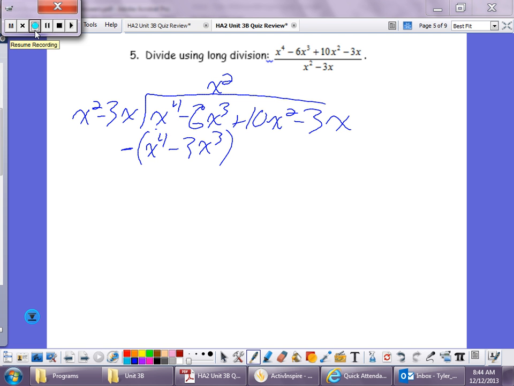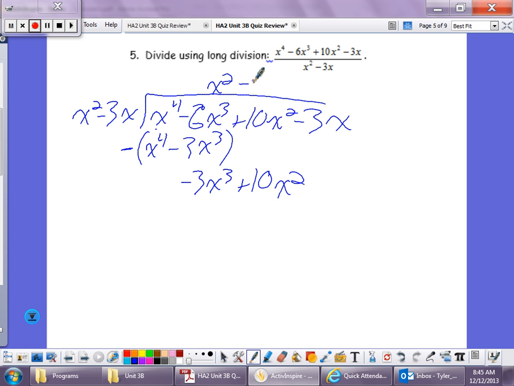Alright, so now I have negative 6x cubed minus negative 3x cubed, so that's adding. So you get negative 3x cubed plus 10x squared. So remember, I'm just trying to get x squared to match this. So how can I get from x squared to negative 3x cubed? Right, negative 3x. So I get negative 3x cubed plus 9x squared.